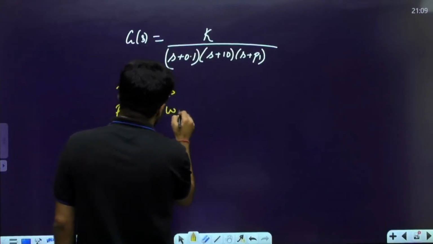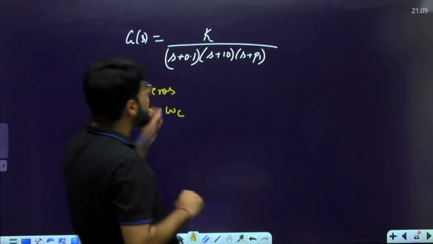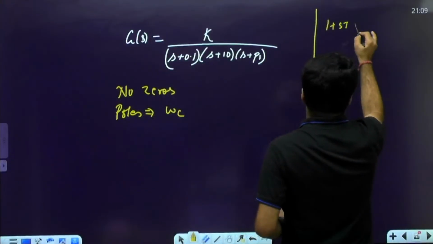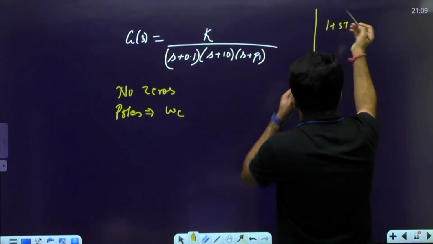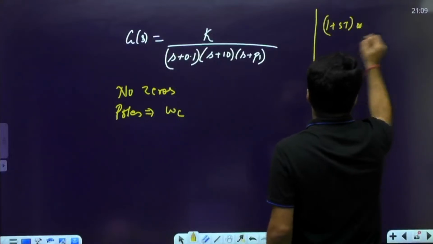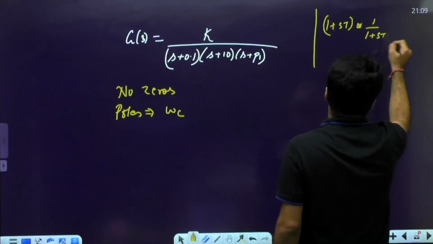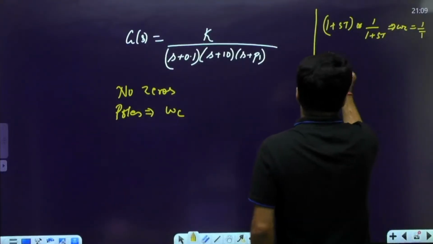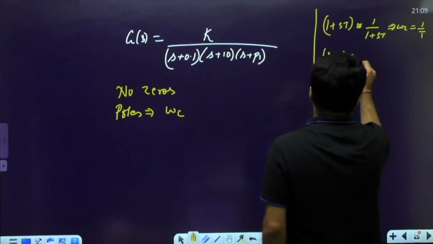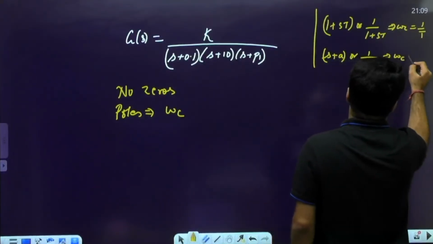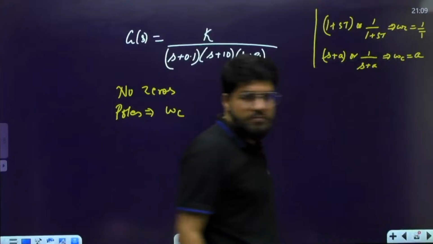What is the corner frequency due to a pole? As I told you, if it is a 1 plus st term or 1 upon 1 plus st, the corner frequency formula is the same, that is 1 upon t. If it is in the non-standard form, s plus a or 1 upon s plus a, then the corner frequency is directly a.